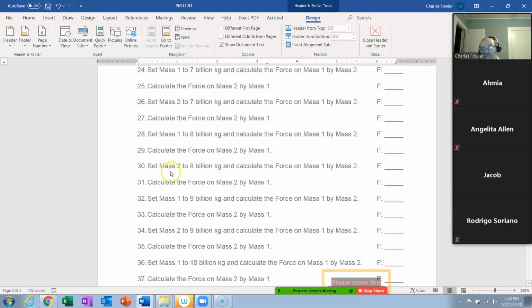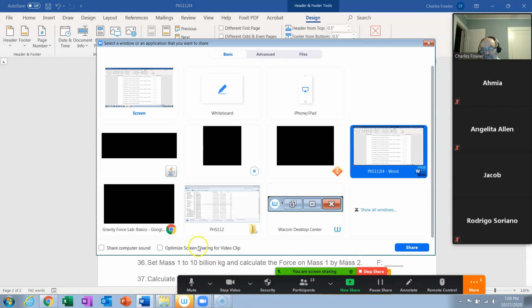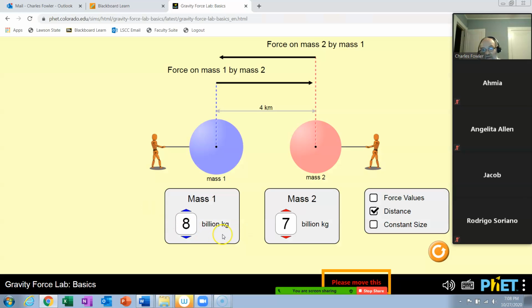Now we're going to move mass 2 to 8 billion kilograms. So mass 2 bumps up to 8 billion. Okay, and go to the whiteboard here.